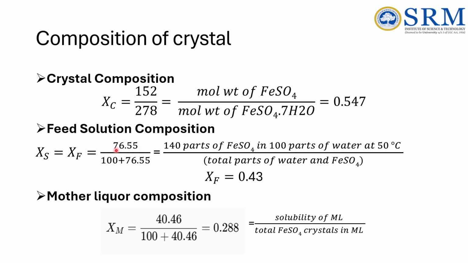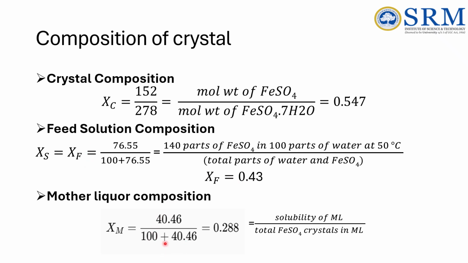So 76 parts is present in 76 plus 100 parts of water. 76 indicates the solubility of iron sulfate at 50 degrees in the feed, divided by the total quantity present in the solution, which is 100 parts of water plus 76.55 parts of iron sulfate. This will give you the composition of the feed, which is 0.43.